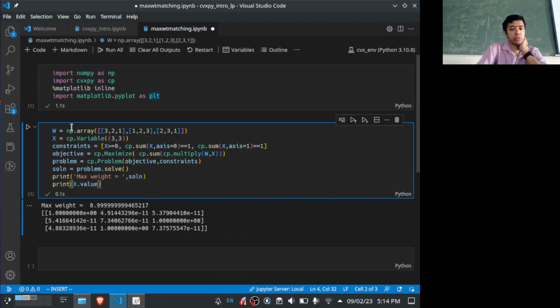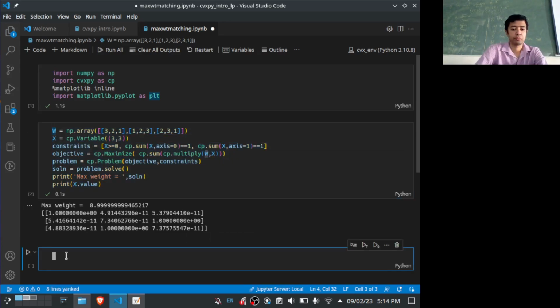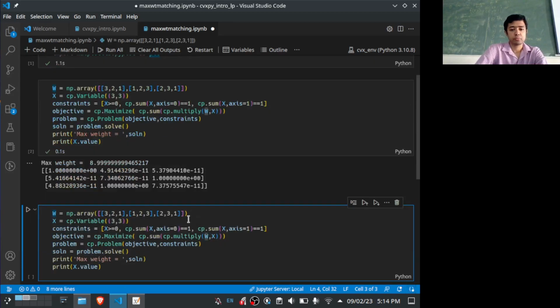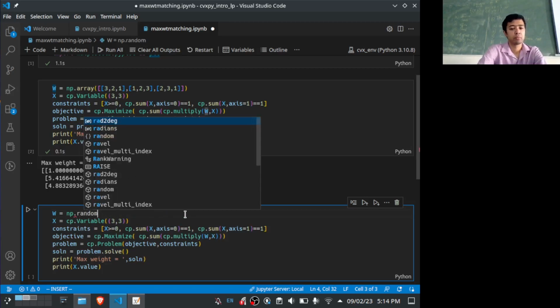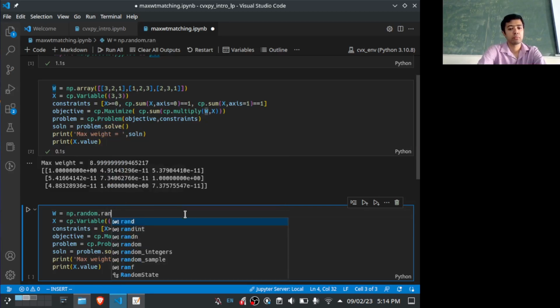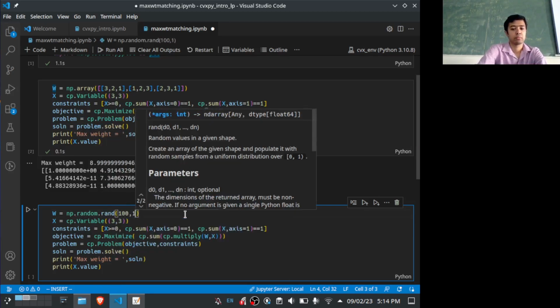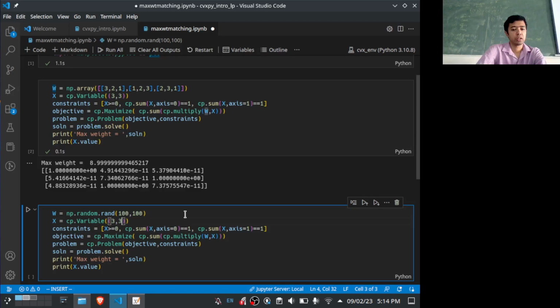So, for example, I could potentially take a random n by n matrix.